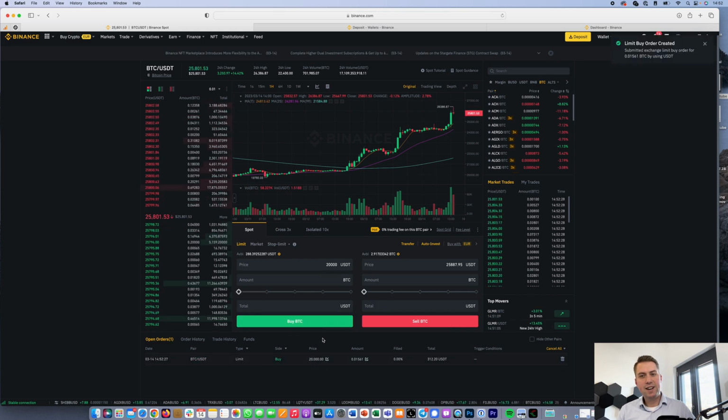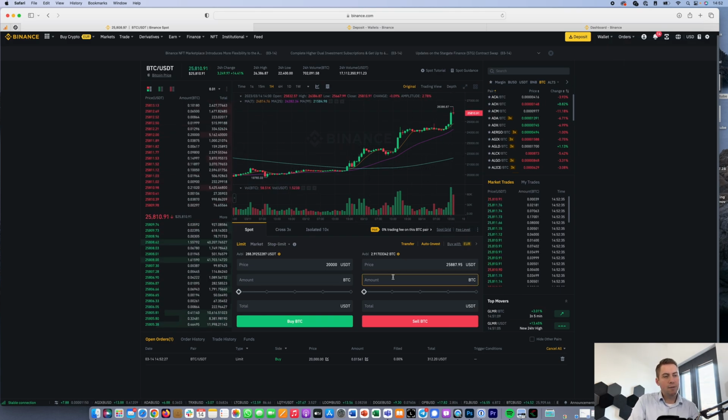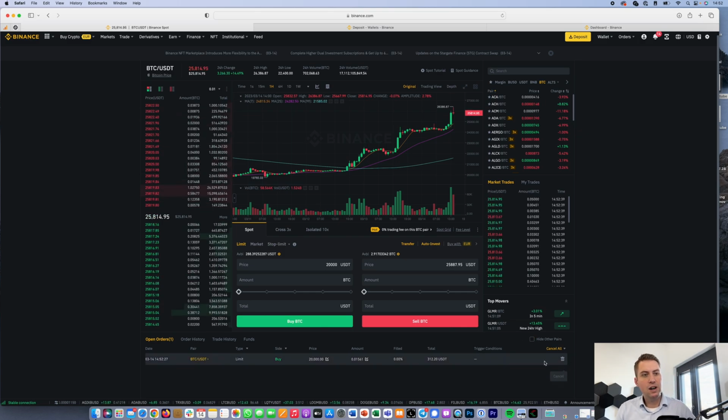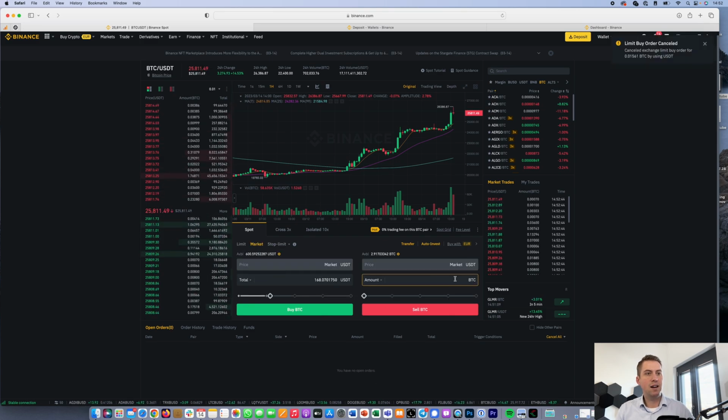And then it basically writes an order in the order book, and the order will stay there until the price reaches 20,000 USDT. And if the price is never reached, the order will stay there forever, or you can cancel it anytime.